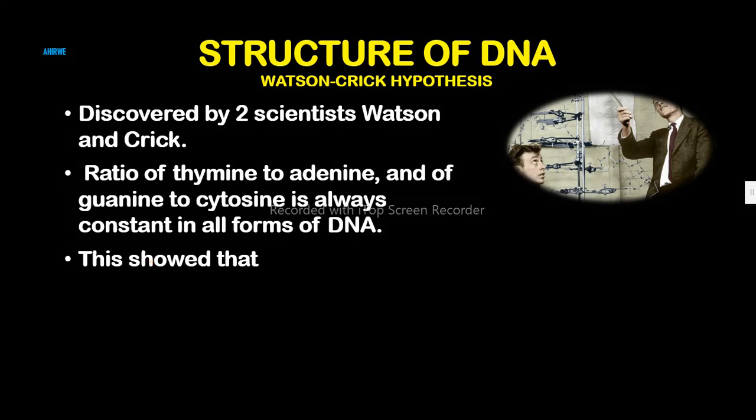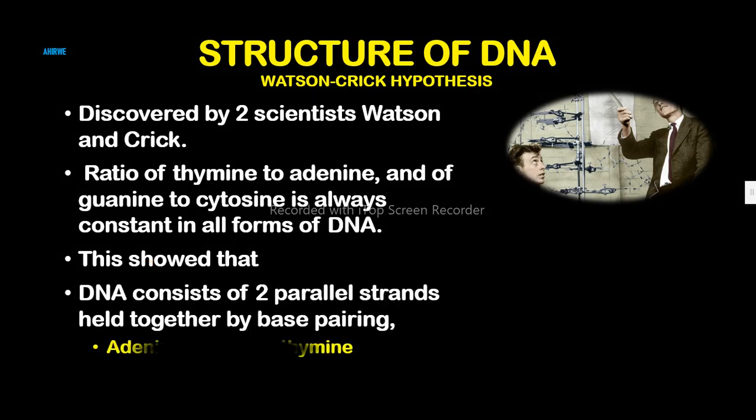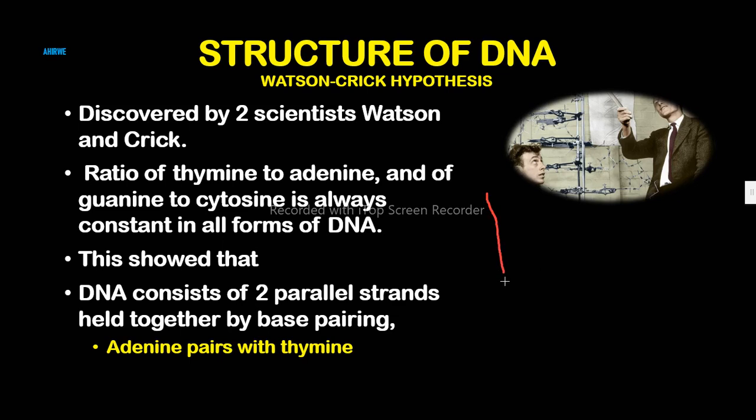Okay? So therefore, this is according to Watson and Crick. These guys hypothesized that the DNA consists of two parallel strands. In fact, if you want to be exact, then you can say two antiparallel, because these strands run in opposite directions.